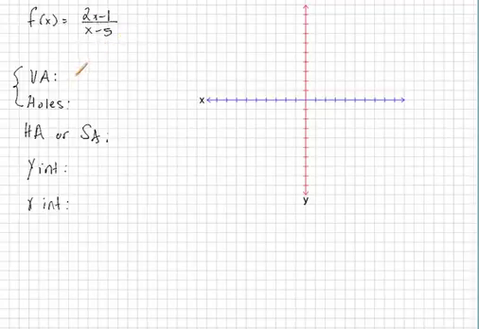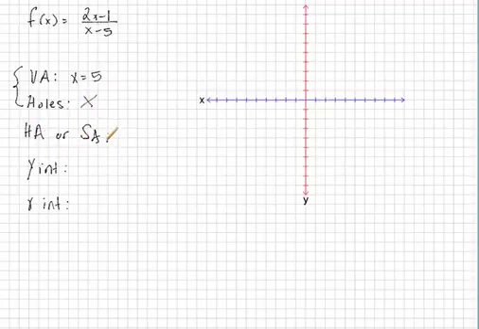So it looks like the denominator is equal to 0 at x equals 5. So that's what I'm going to write for my vertical asymptote. Holes occur at places where after you factor, if you get canceled factors, we don't have any of those here, so we don't have to worry about it.